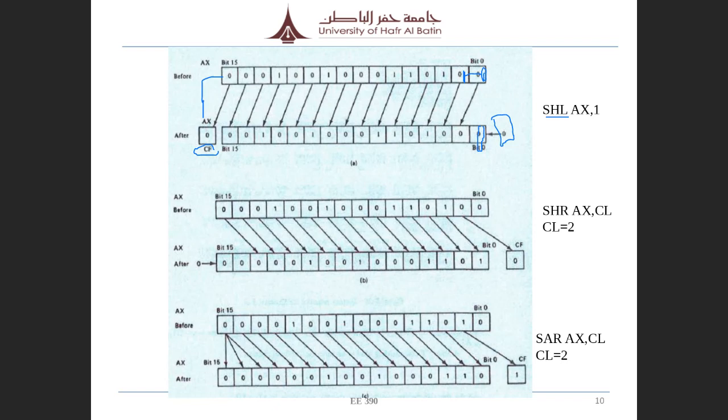These are the rules. So the number of 1s or 0s will not always be the same before and after. But during rotation, the number of 1s and 0s is the same. We will see it.